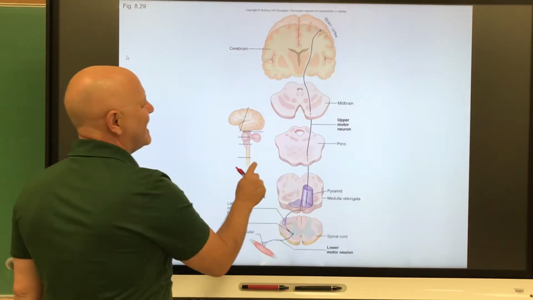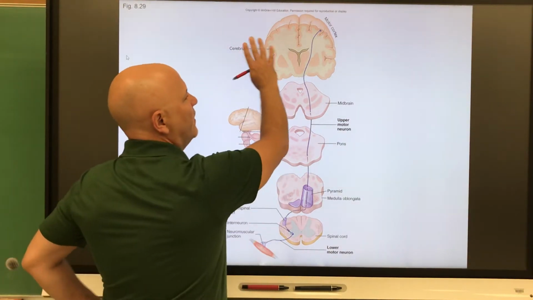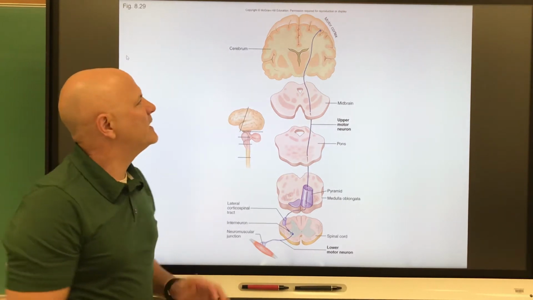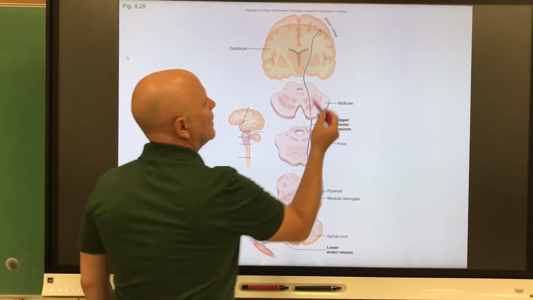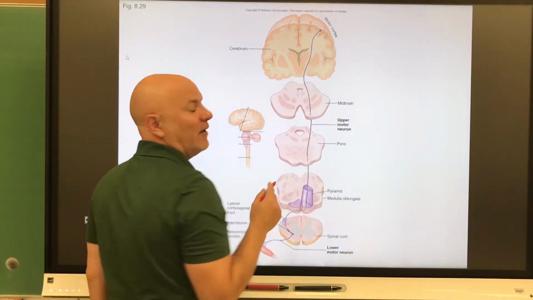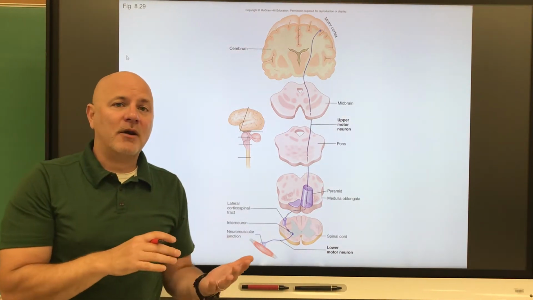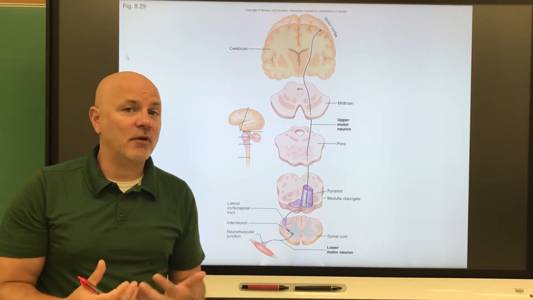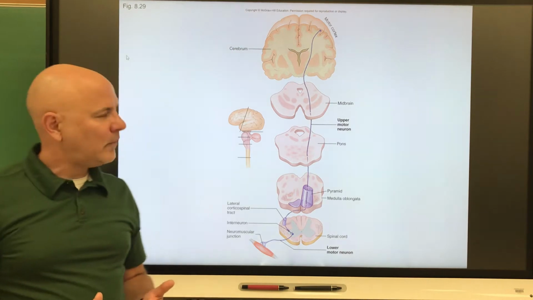If we go to this previous picture here, when we look at this cross section through our brain, okay, what we see here is this lighter area, that's white matter, and then on the edges here is where we see this darker stuff, and that's gray matter. Now, if you remember, I said white matter is where we do conduction, and gray matter is where we do integration. So integration you can think of, that's our thinking part of our brain.